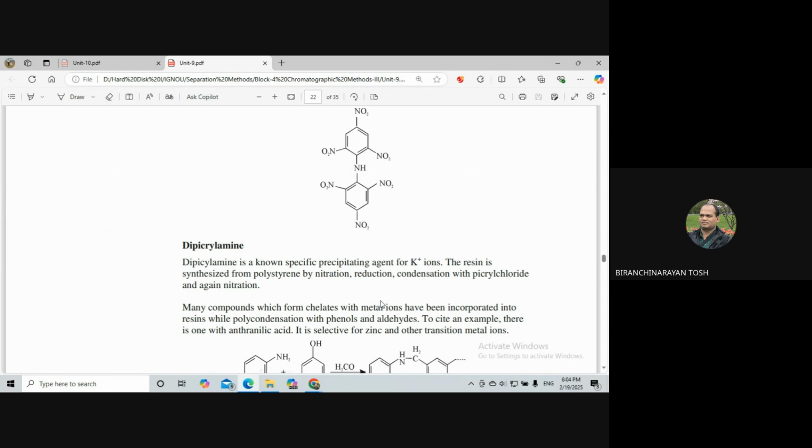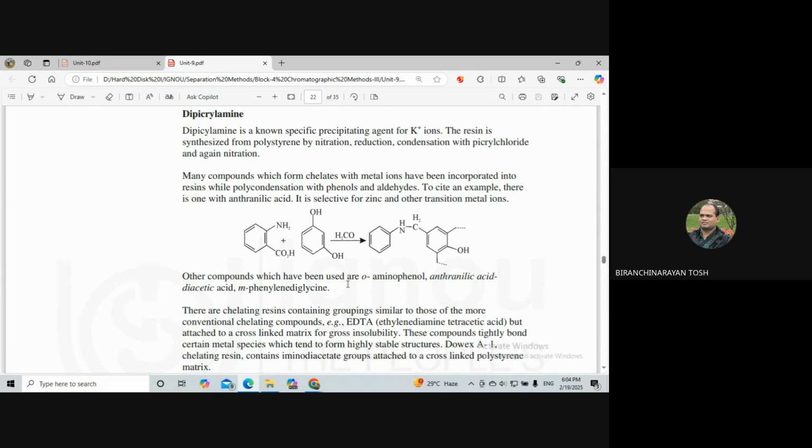To cite an example, there is one with anthranilic acid. It is selective for zinc and other transition metal ions. Other compounds which have been used are orthoaminophenol, anthranilic acid, diacetic acid, and metaphenylene diglycine.